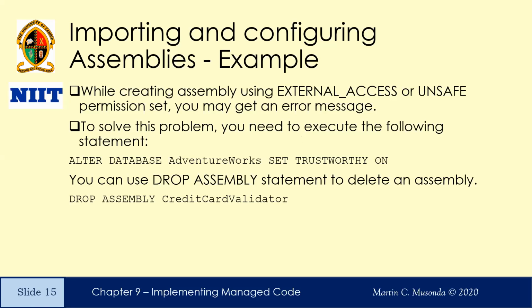So by default, these are not enabled. Okay, we've talked about altering. You can also drop or delete assemblies by using the drop assembly statement, just simple like that. Drop assembly credit card validation, for example.